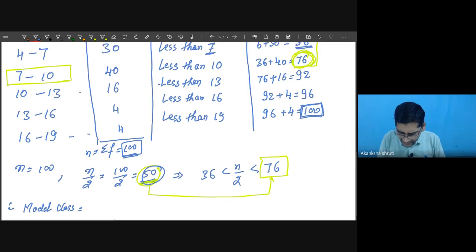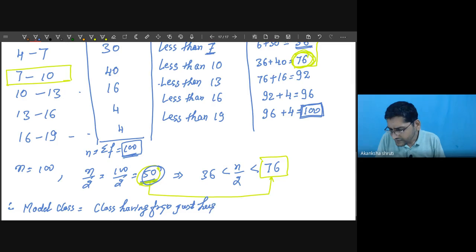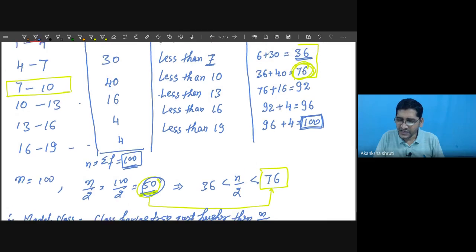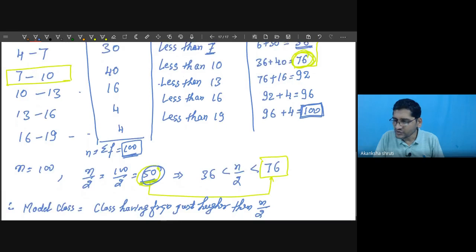This definition: class having frequency just higher than n by 2. Okay, students? Just higher than n by 2 you need to take, or even if it is equal, you may take.